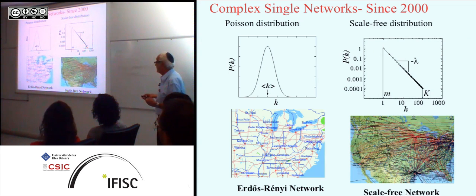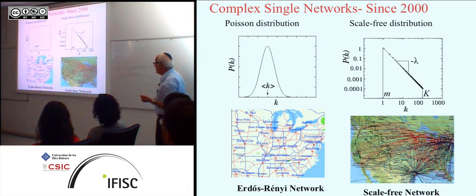They have a broad degree distribution like this. Here the Poisson decays very fast, so the chance to have a high degree is negligible. But in a power law, shown here on a log scale, a high degree has a good chance to occur.